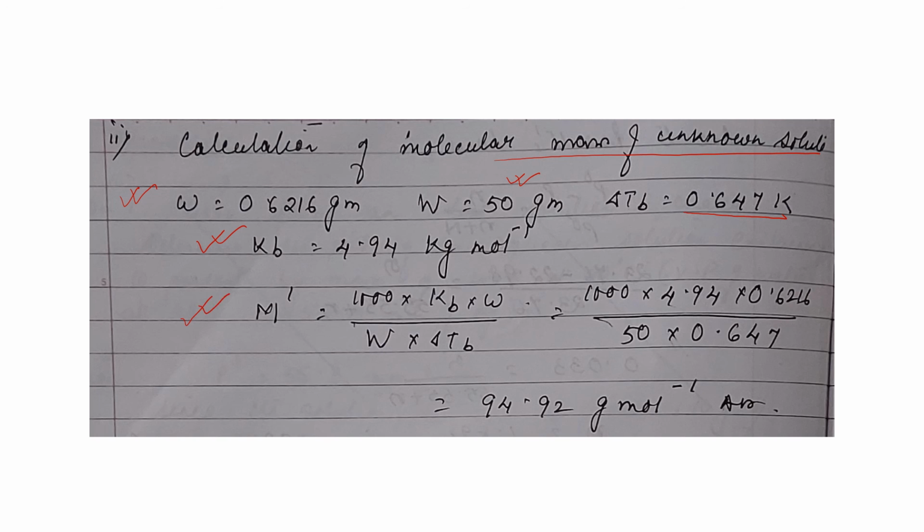Again put everything in this formula: M dash is equal to 1000 into Kb into W divided by capital W into delta TB. Now everything is given to you, only M dash is unknown, so find out the value of M dash, that is the molecular mass of the solute. Do you follow me, children?